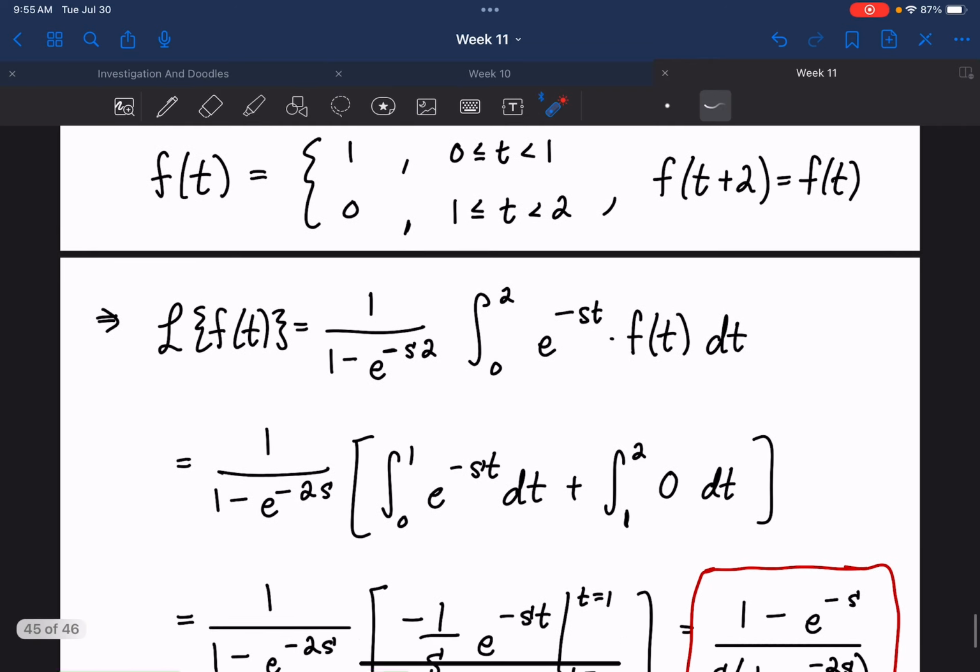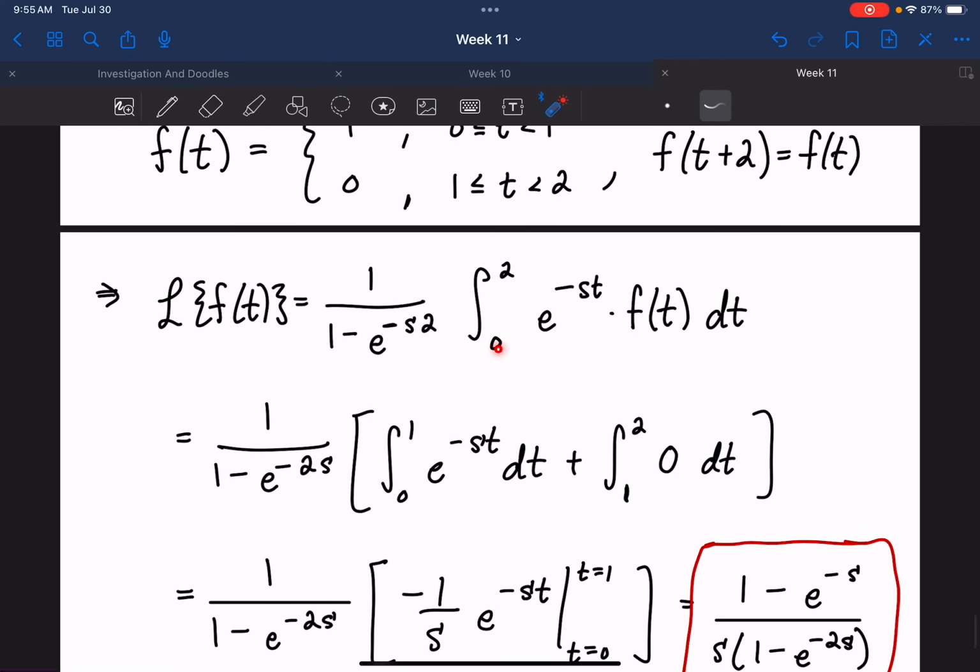So the integral from 0 to 2 of e to the negative st f can be split up into the integral from 0 to 1 of e to the negative st times f, plus the integral from 1 to 2 of e to the negative st times f.